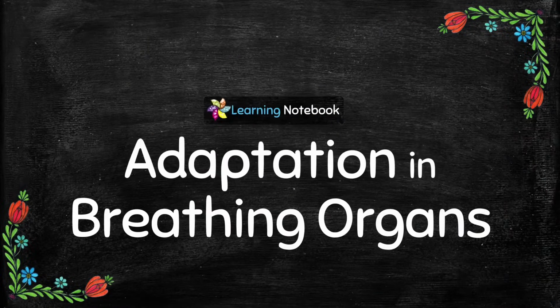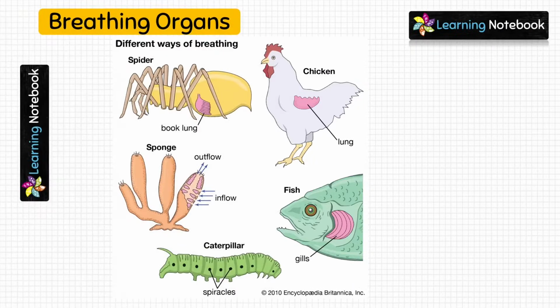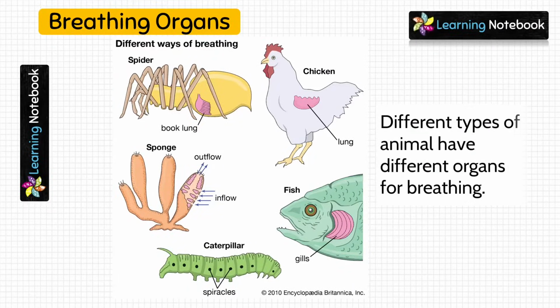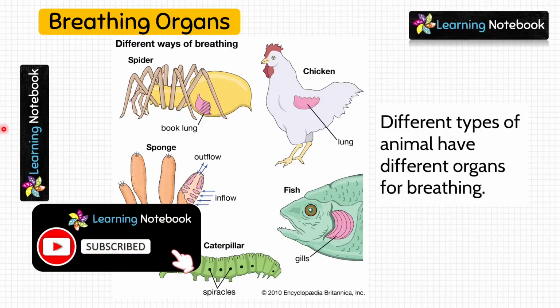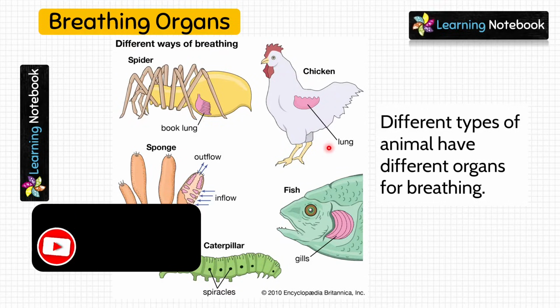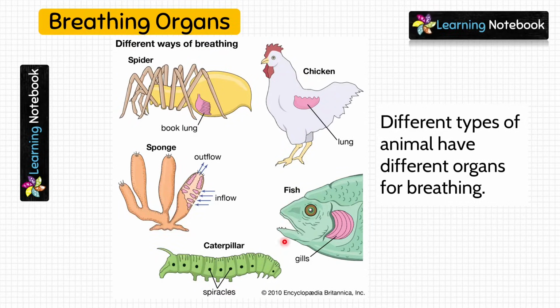Now let's learn adaptation in breathing organs. Different types of animals have different organs for breathing. Like chicken has lungs to breathe. Fish has gills for breathing, whereas caterpillar has spiracles to breathe.